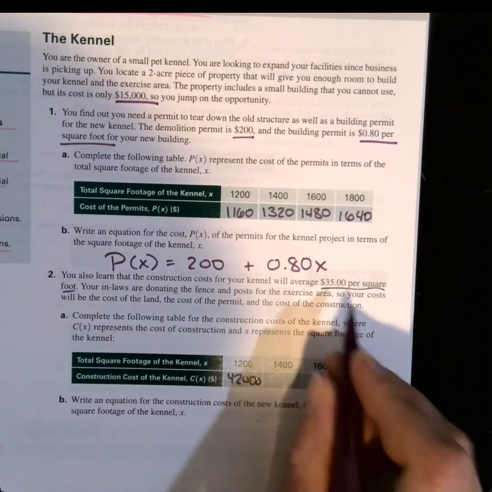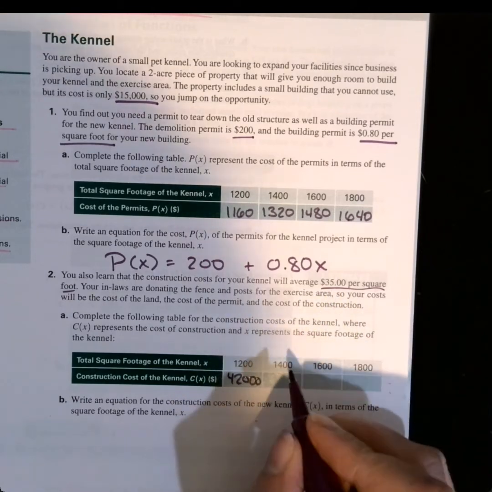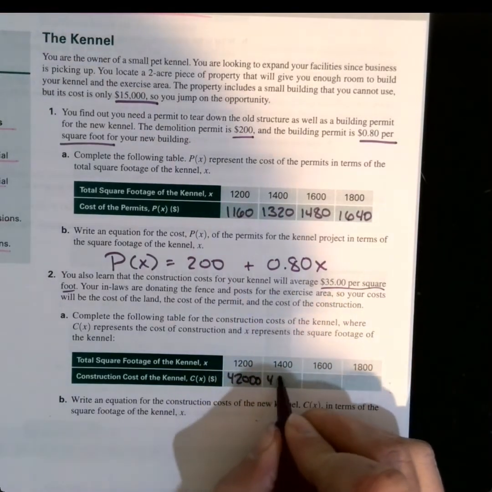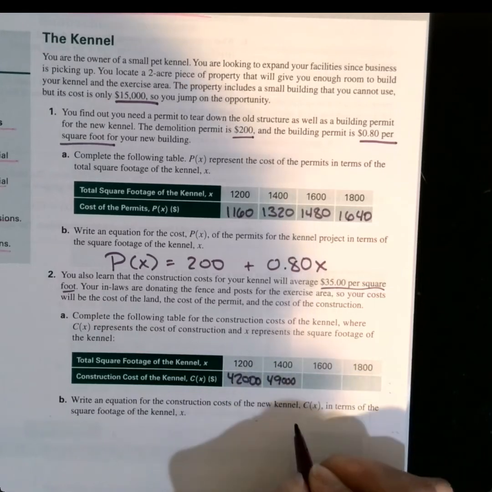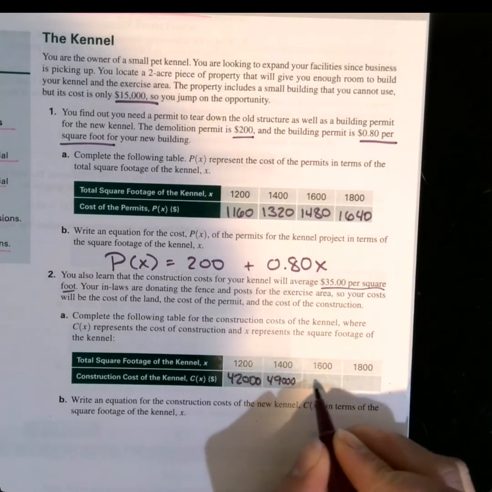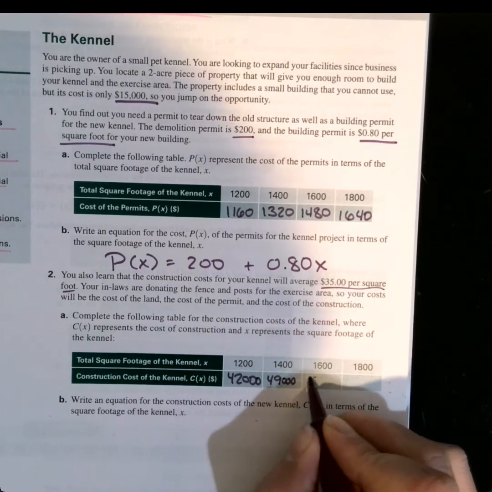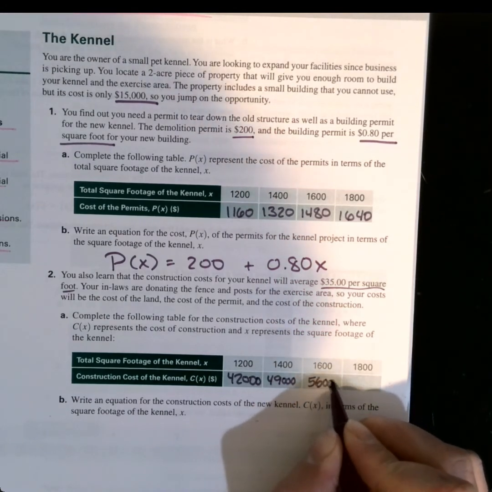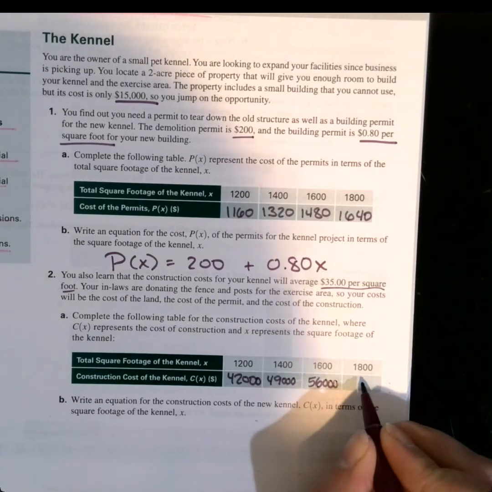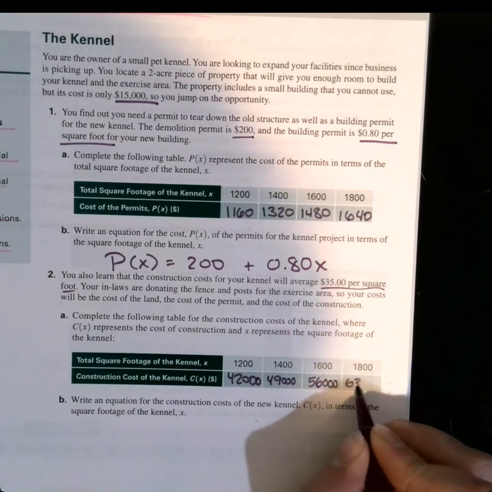If we take our $35 again times 1,400 square feet, that gives us $49,000 for the construction costs. $35 times 1,600 gives us $56,000. And for the last one, $63,000.